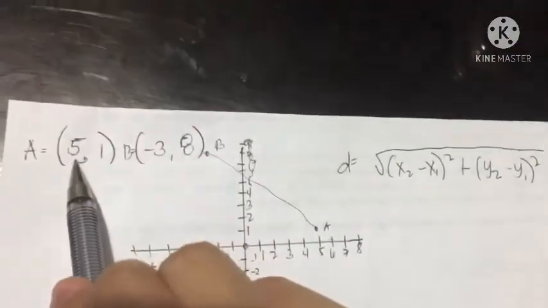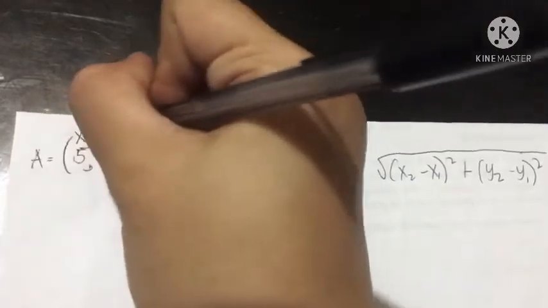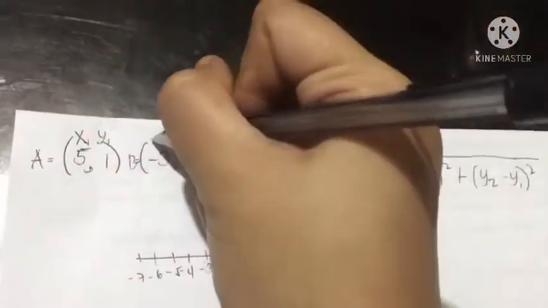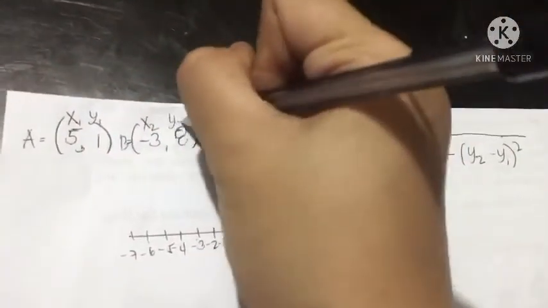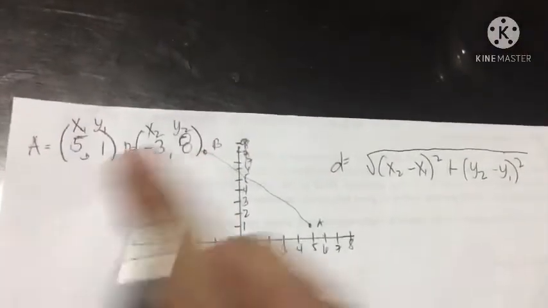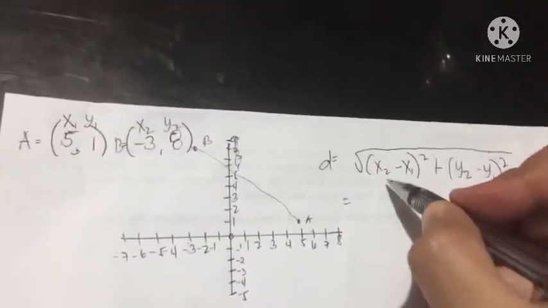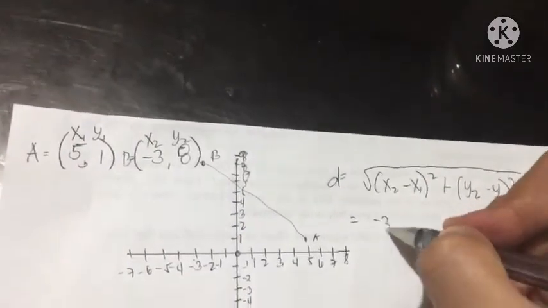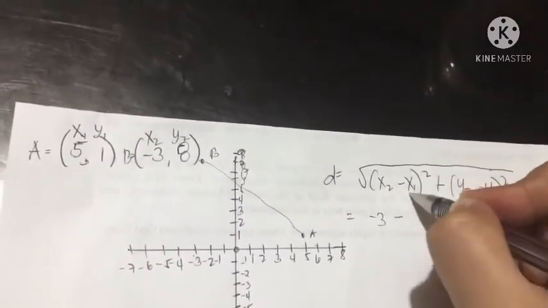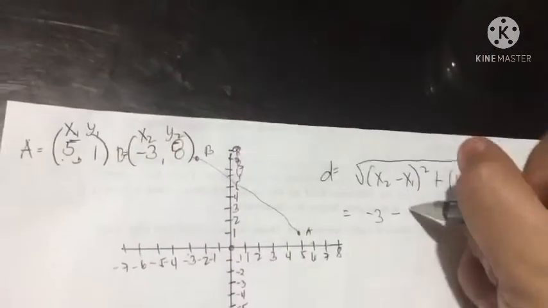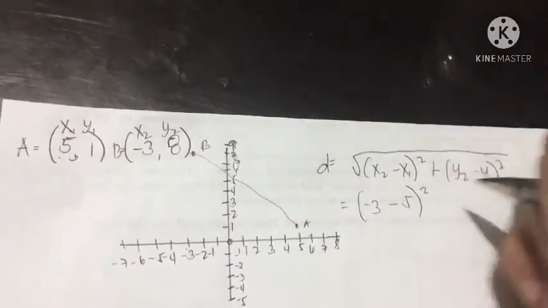So, i-assign na natin dito alin yung ating x sub 1 tsaka x sub 2. So, kunwari ito yung ating x sub 1, ito ang y sub 1, x sub 2, y sub 2. Okay? So, paano natin siya isosolve? So, substitute lang natin. Anong ating x sub 2? That is negative 3. Minus, what is x sub 1? That is 5. Squared.